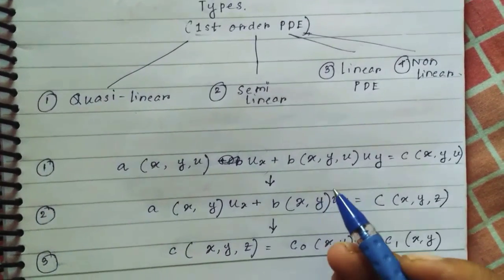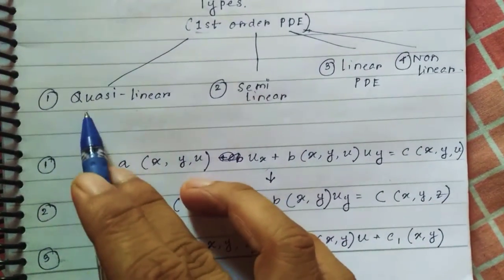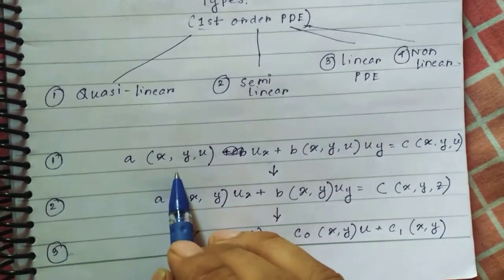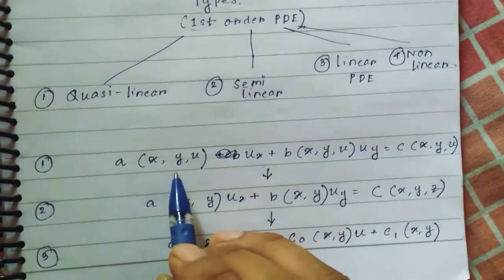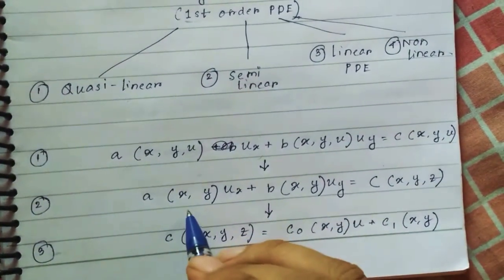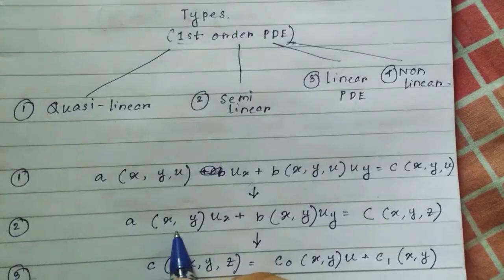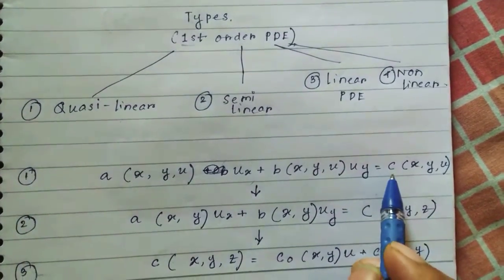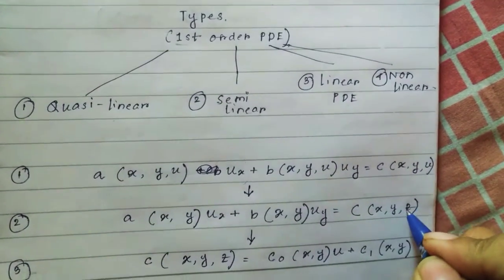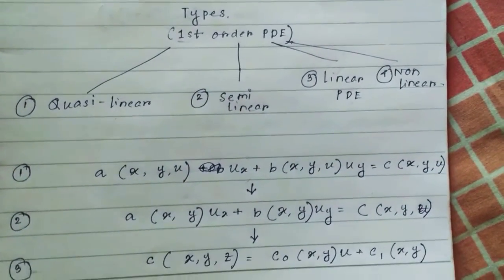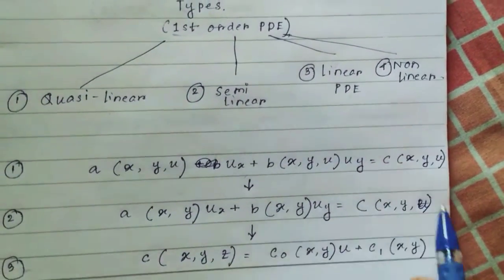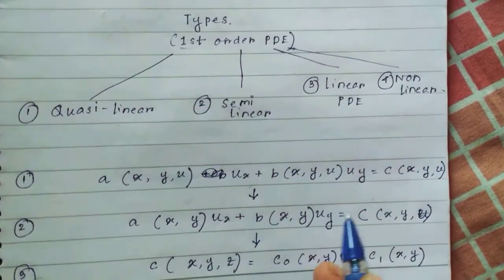A semi-linear PDE is a particular type of quasi-linear PDE where the coefficients a and b, which previously had dependence on u, now have no dependence on u. But the term c, the right hand term, may have some connection with u. Maybe some functions of u can be there, but not here and here.